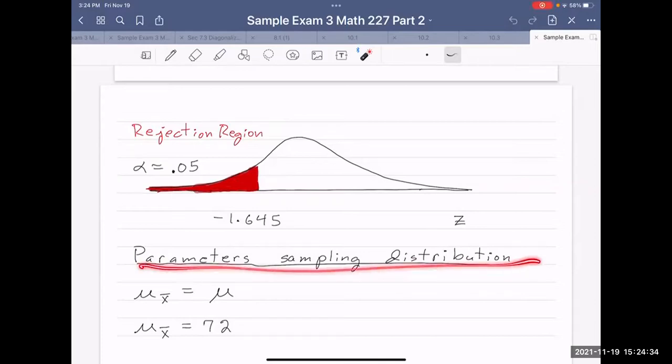Let's find the parameters for my sampling distribution. The mean for the sampling distribution of all possible sample means is the mean of the population, which by the null hypothesis is assumed to equal 72.